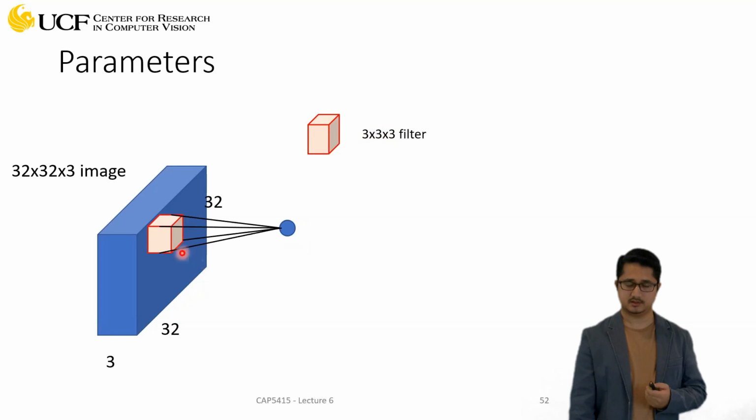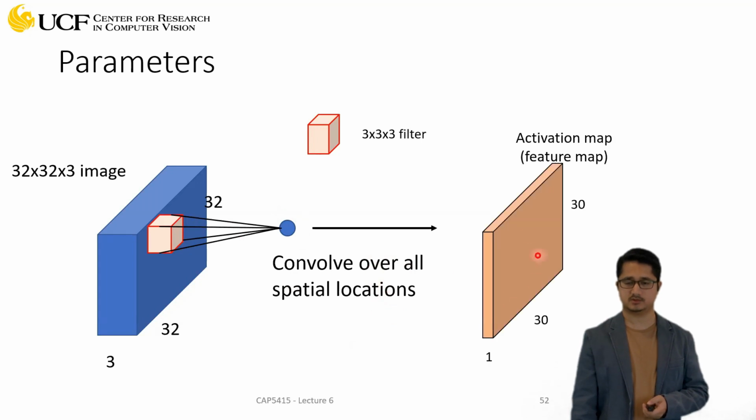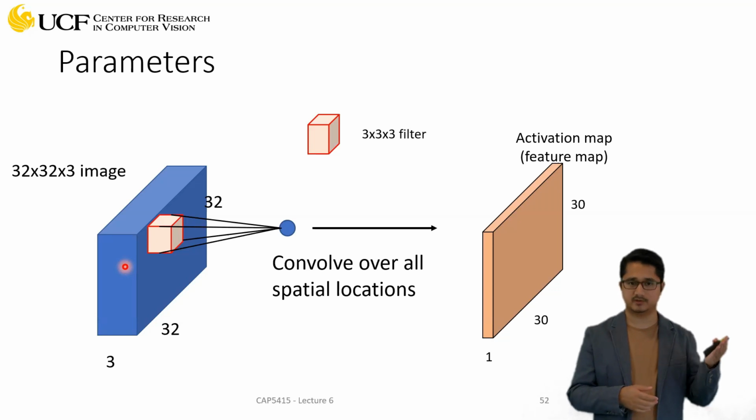As we discussed, if you apply this at one location, it gives you one number. Then you convolve over all the possible spatial locations, and it gives you an activation feature map. Now, this blue block over here holds activation values. It is kind of a response of your network to whatever features were coming in from the previous layer.